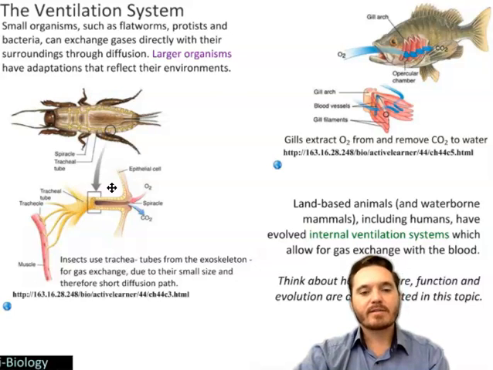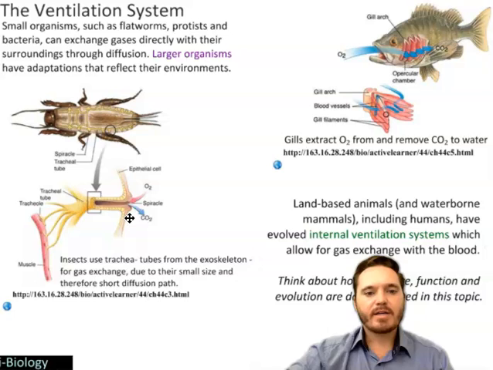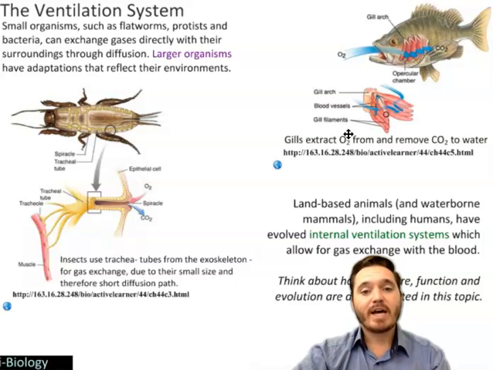You've got insects, which have these things called spiracles, which are basically holes in the underside of their bodies where oxygen can enter and CO2 can be released. And then we have, of course, fish with their gills, and they're going to be extracting oxygen from water, right?